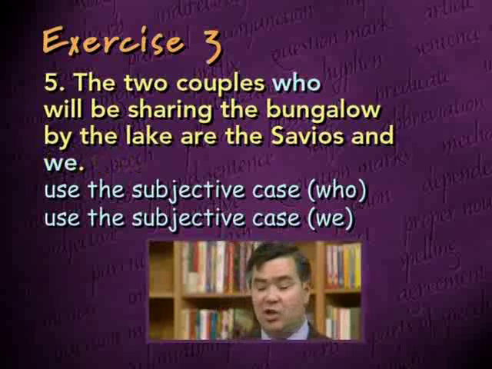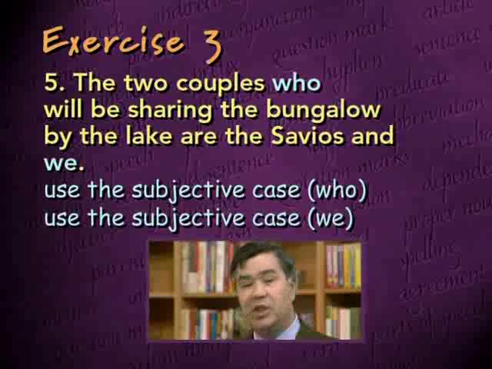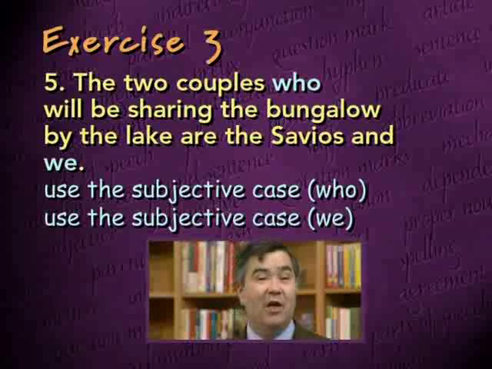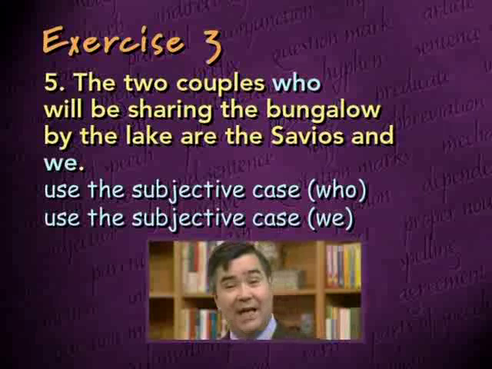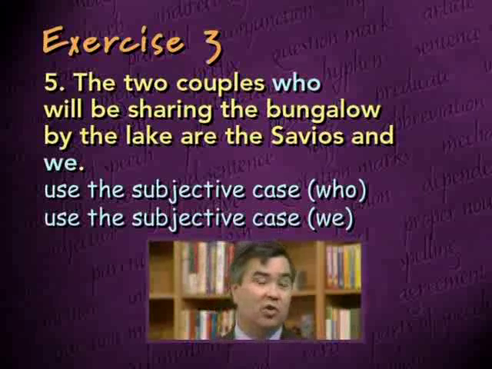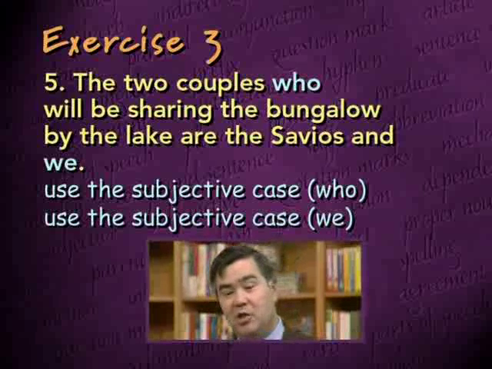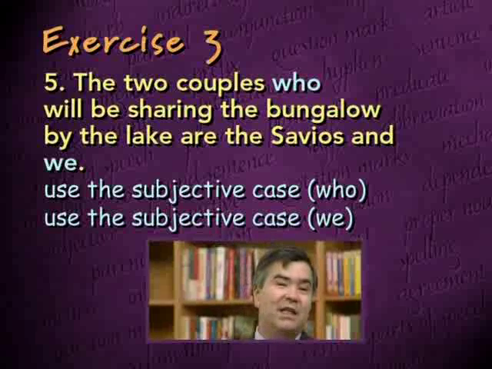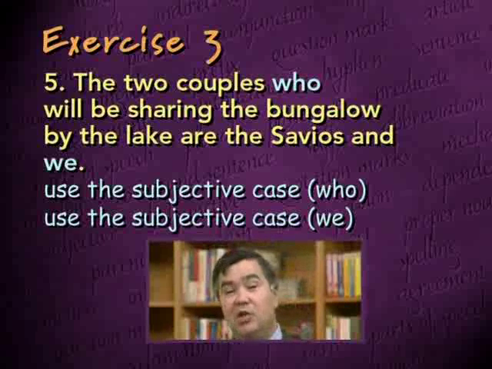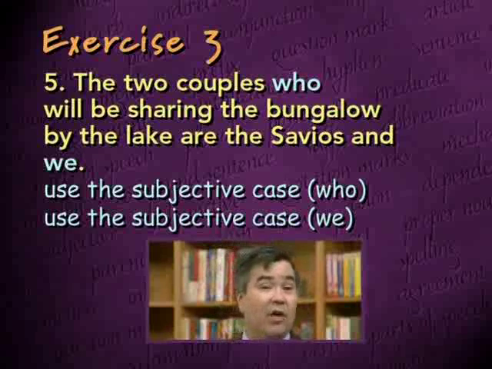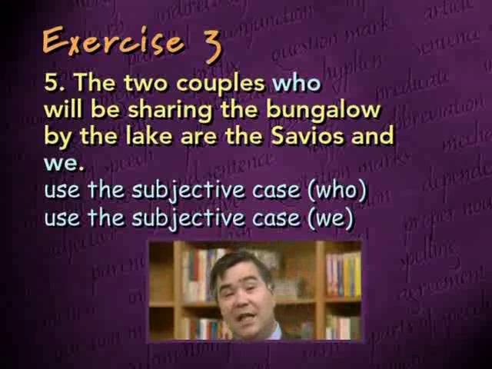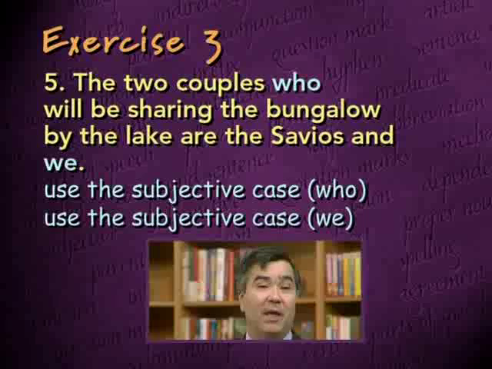And the complete sentence should read, the two couples who will be sharing the bungalow by the lake are the Savios and we. That last pronoun is a little tricky because it's a compound situation, but again, just pretend it isn't a compound situation. Eliminate the other object, and you can clearly see that in this case it's a subject complement, and therefore the subjective case we is correct.